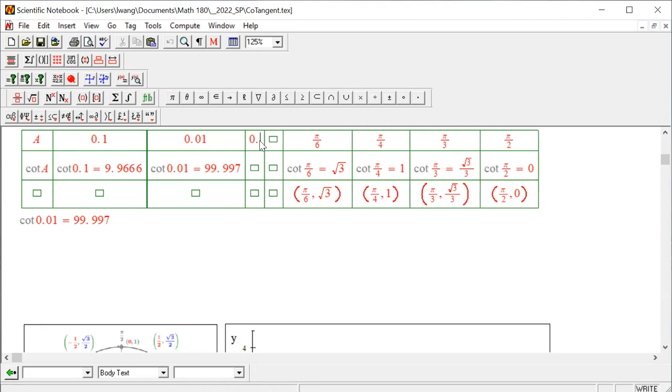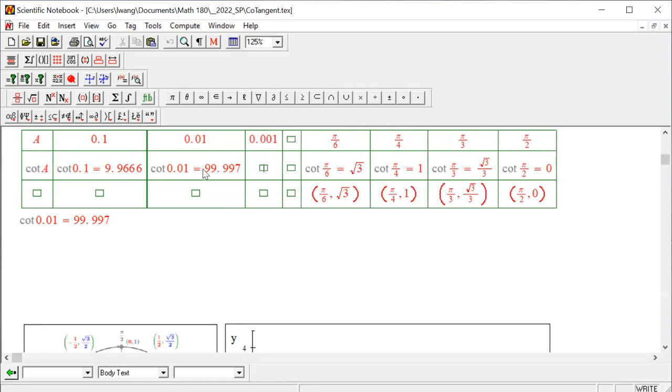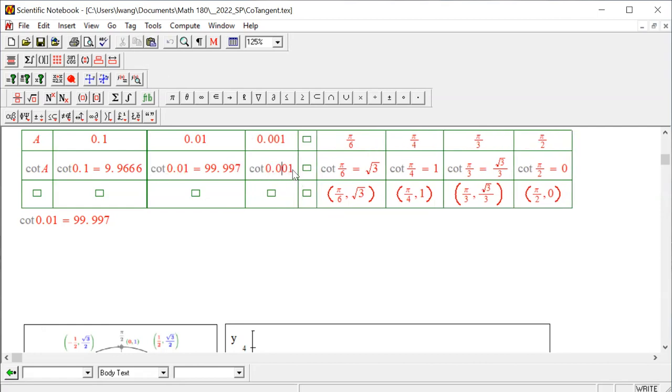Let's do one more, 0.001. What do we get for cotangent 0.001? I'm using radians.